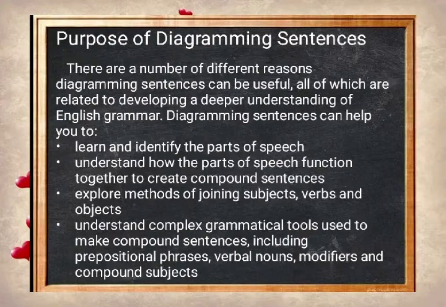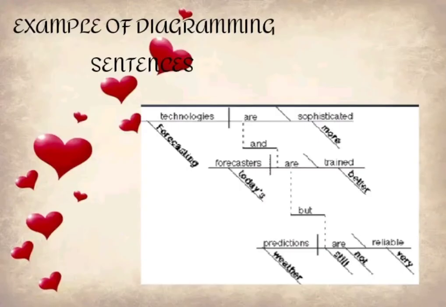Diagramming sentences can help you to learn and identify the parts of speech, understand how the parts of speech function together to create compound sentences, explore methods of joining subjects, verbs, and objects, and understand complex grammatical tools used to make compound sentences, including prepositional phrases, verbal nouns, modifiers, and compound subjects. Here is an example of diagramming sentences.